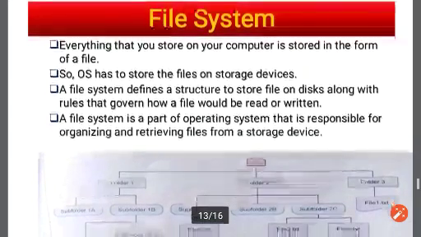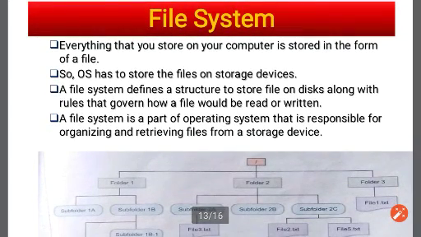Now moving to file system. This is very important. Whatever we store in our computer is all stored in the form of files. So when we are keeping the files, we have to organize them properly, right? So that is your file system. A file system defines the structure to store the files on the disk along with the rules that govern how a file would be read or written.